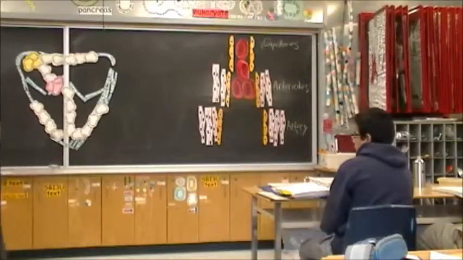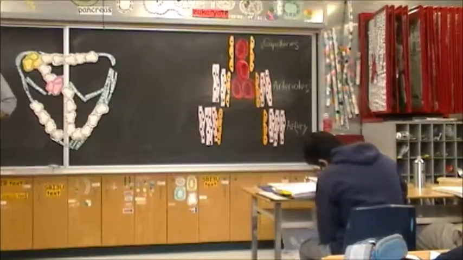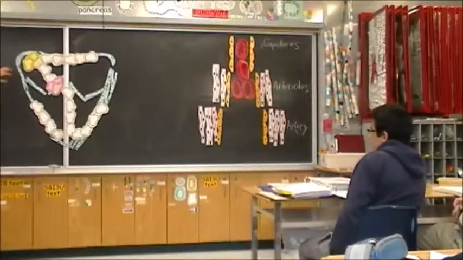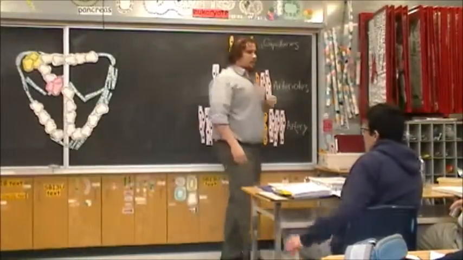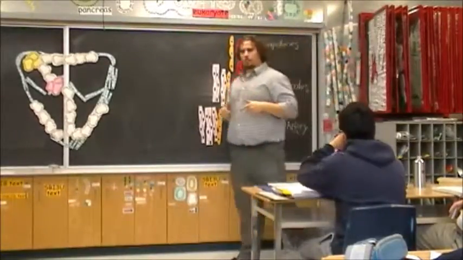The next thing we're going to look at is heartbeat. We're going to be looking at the rhythm of the heart. So, the heart beats. The heart does not require stimulation from your nervous system to beat on a regular basis.